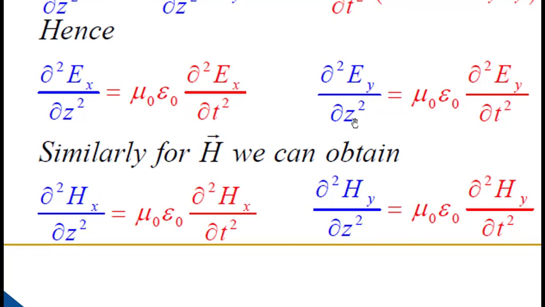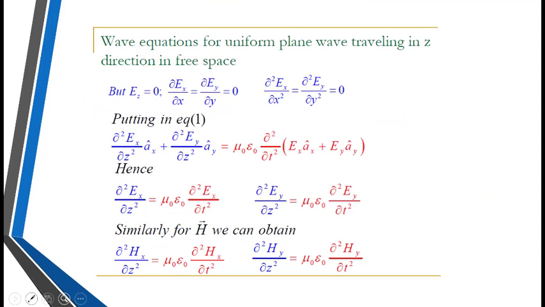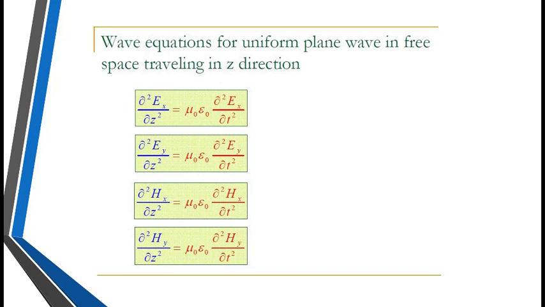Here it is space variation, at the left hand side, right hand side it is time variation for all E component as well as H component. E has X component, H has X component, E has Y component and H has also Y component. Okay, so next, finally we can write that for a wave which is traveling in Z direction, we can write all those equations again. Same equations are written one by one.